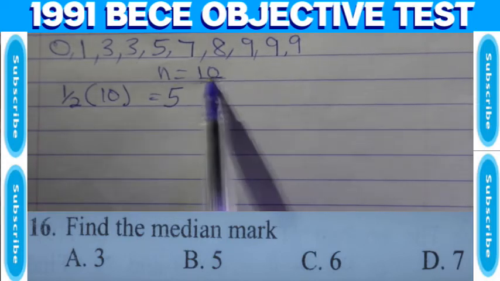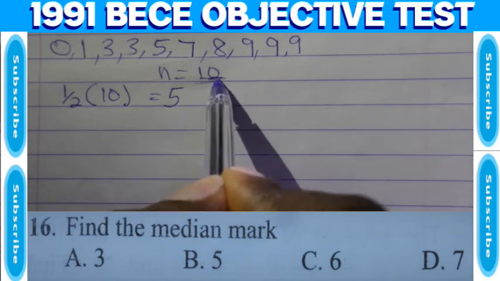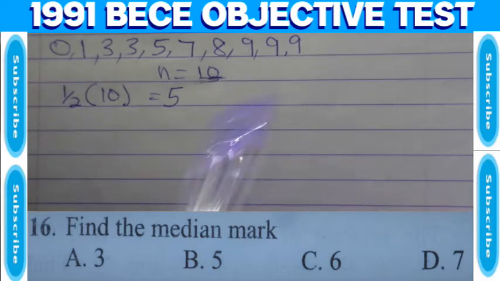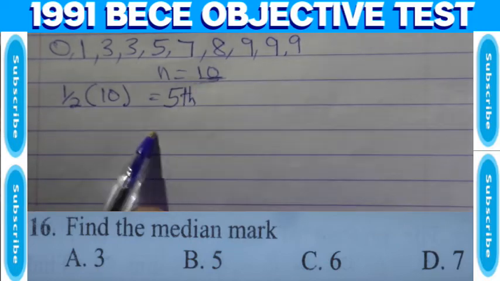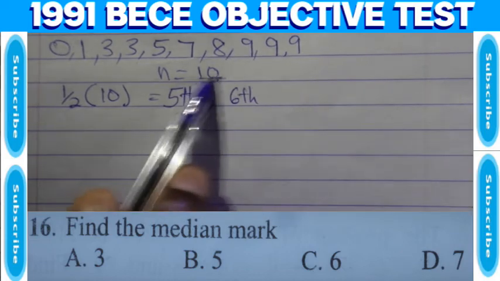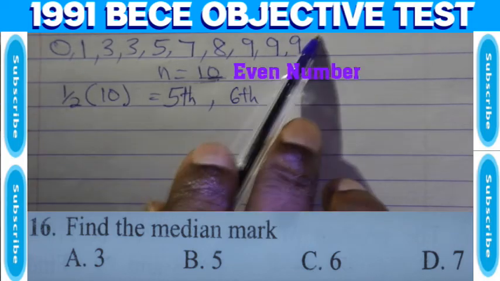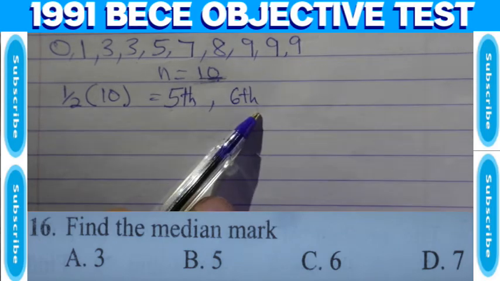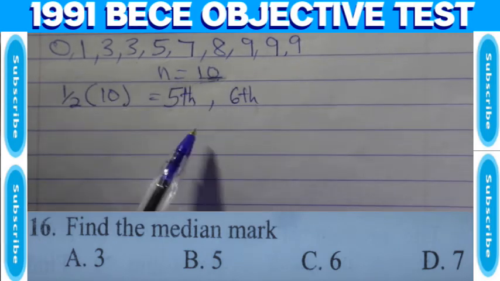Because this 10 is even, you find half of it, which gives you 5. You find the 5th mark and then the 6th mark, find their sum, and then divide it by 2.